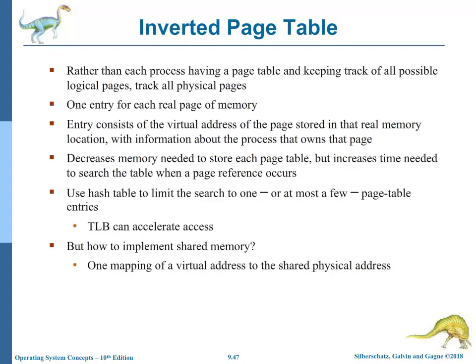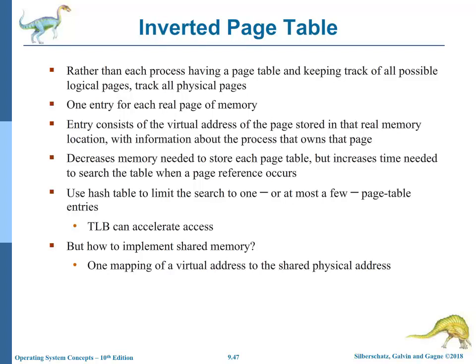Another approach is to use an inverted page table. Instead of a table listing all of the pages for a particular process, an inverted page table lists all of the pages currently loaded in memory for all processes.